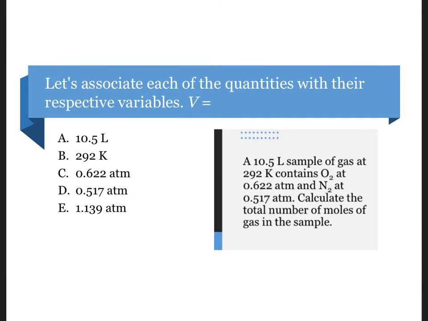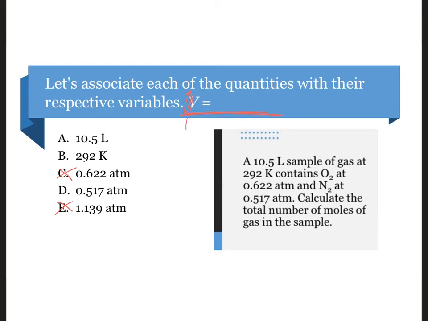This question had E and C as the most common wrong answers. The question asked, what is V? So this was just making sure we can match up quantities with their units, with their variables.